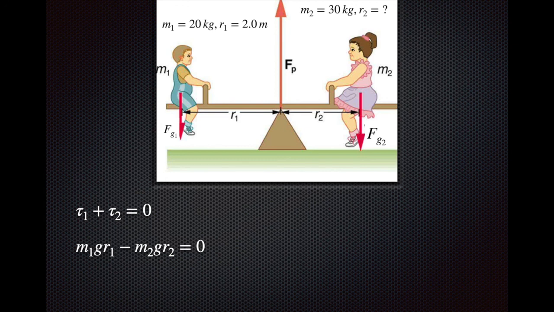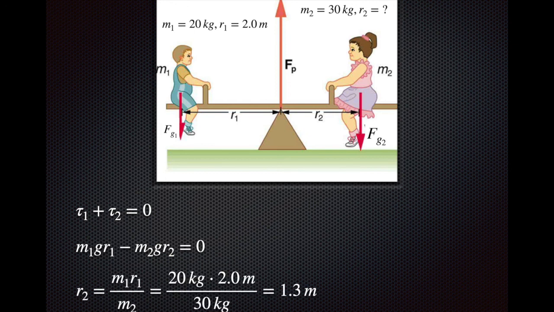So we can see that g is going to cancel out, and with a little algebraic rearrangement, we can solve that for R2. We can see that the units work out, and we will get a distance of 1.3 meters.